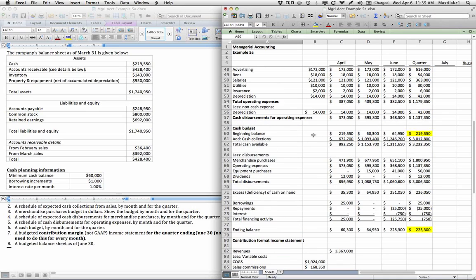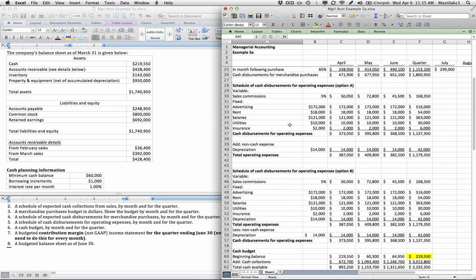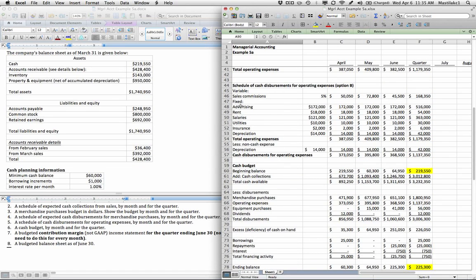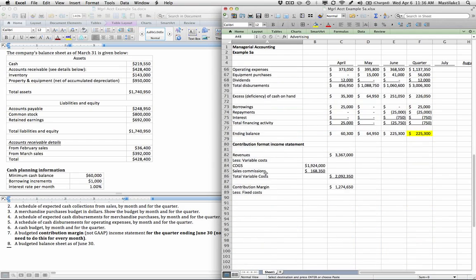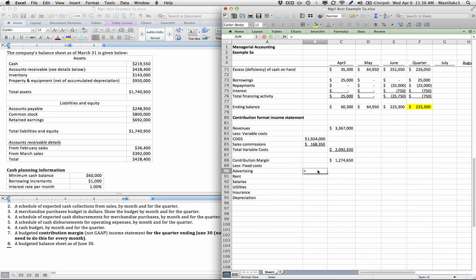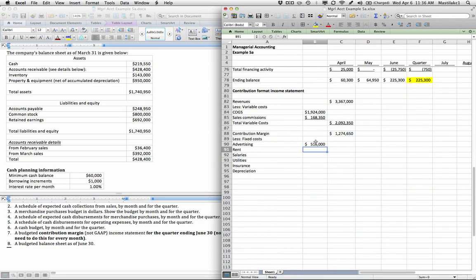Our fixed cost, here is where this issue of what do we do about our non-cash expense comes in. We want to make sure that our income statement does include our non-cash expenses. So we have to make sure that our depreciation expense is included in our income statement. So what I'm going to do is I'll just take all of our fixed costs, copy and paste these cells from advertising down to depreciation, and I'll drop in the quarterly numbers for all of these.